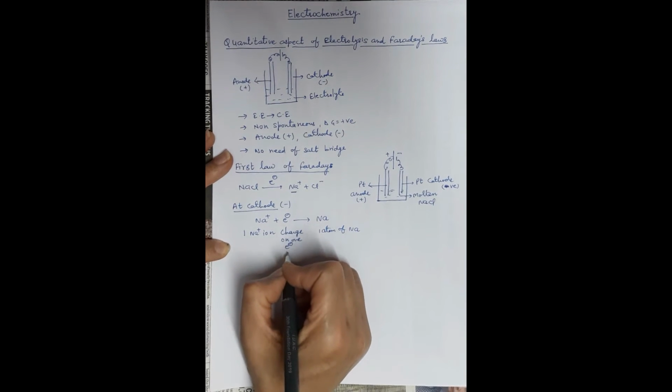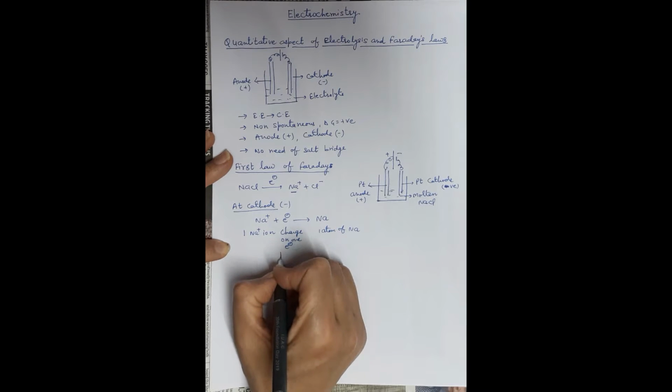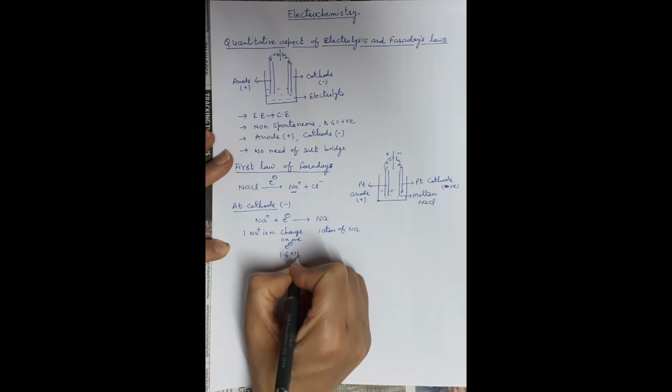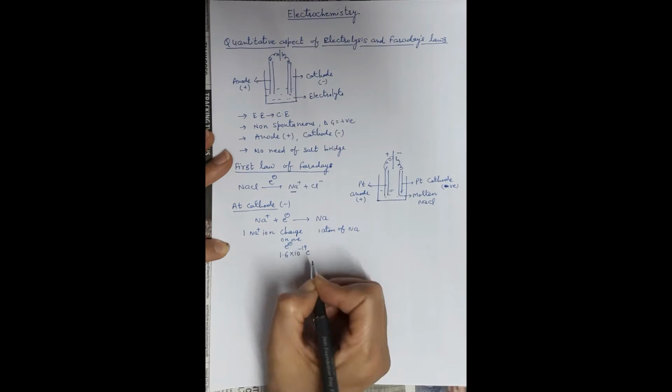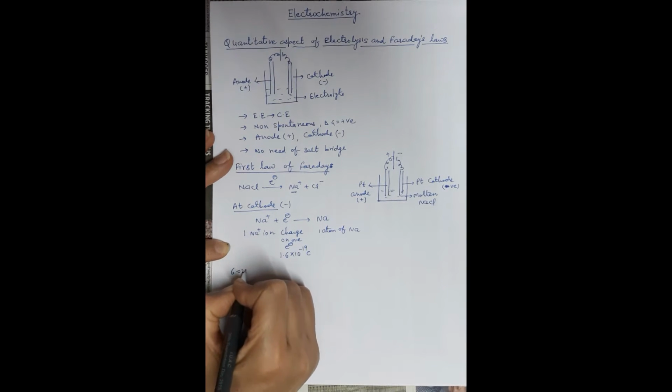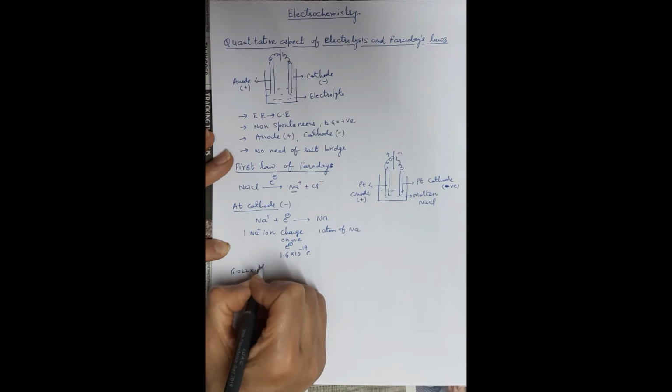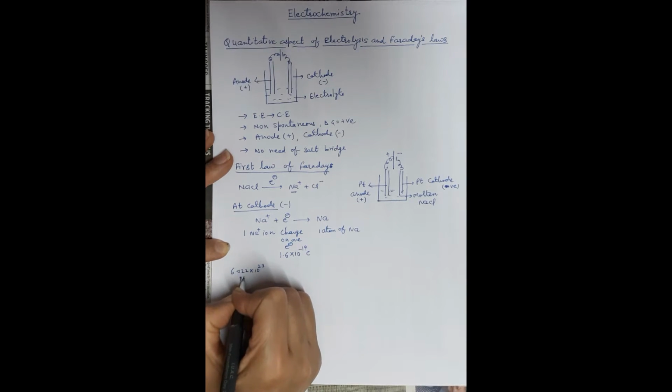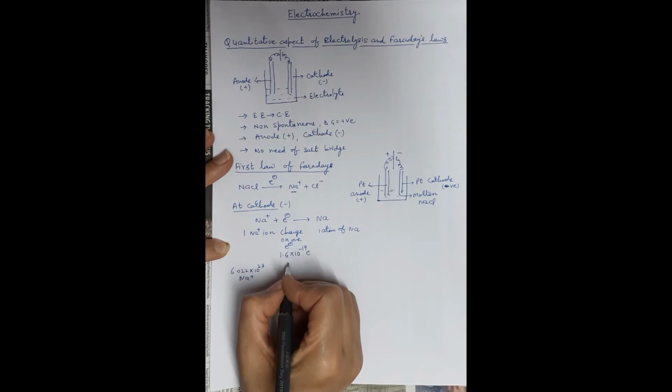What is the charge on one electron? We have already studied in class 11. It is 1.6 into 10 raised to power minus 19 coulomb. Suppose you take 6.022 into 10 raised to power 23 sodium ions, then how much electronic charge do you need?